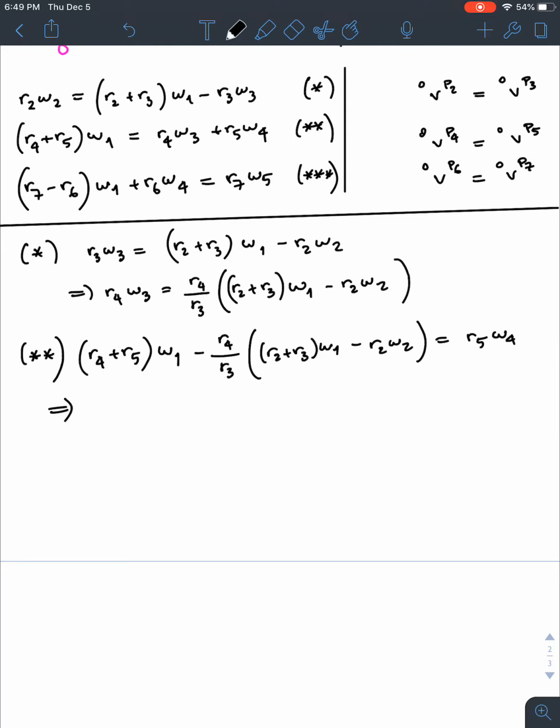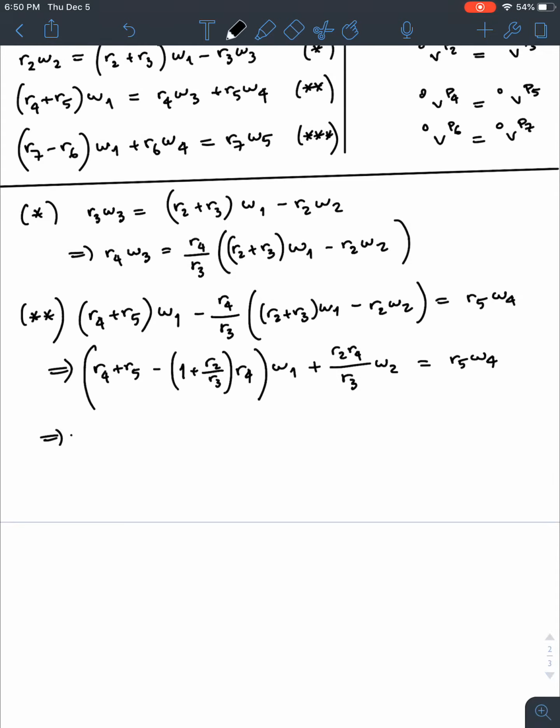From here I am getting the following. So R4 plus R5 minus 1 plus R2 divided by R3 times R4, everything in parentheses, times omega 1, plus R2 R4 divided by R3 times omega 2 equals R5 omega 4.